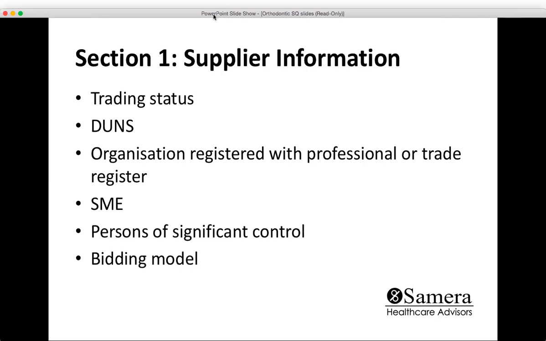Why is it so important for the organisation to be registered with a professional or trade registrar? So basically, if you're bidding in a company name, and the company has the name dental or dentistry in the company name, it should be registered with the GDC. It needs GDC approval for you to have that.